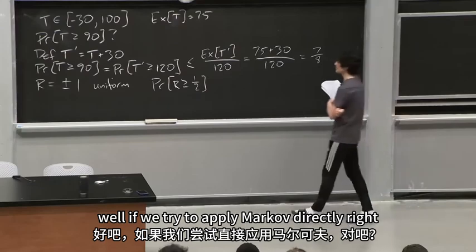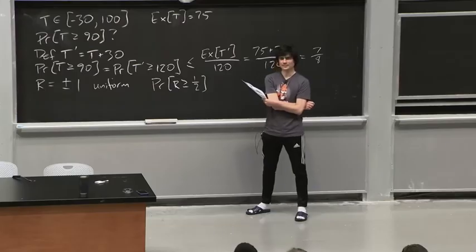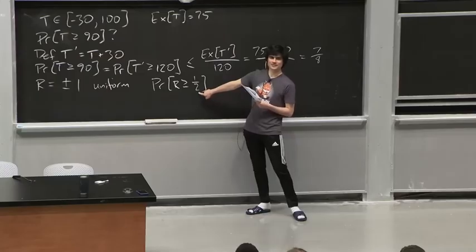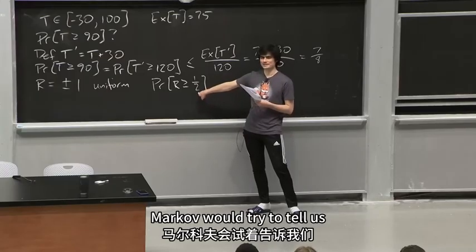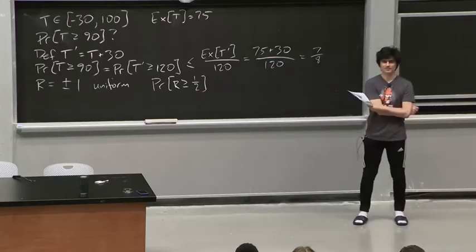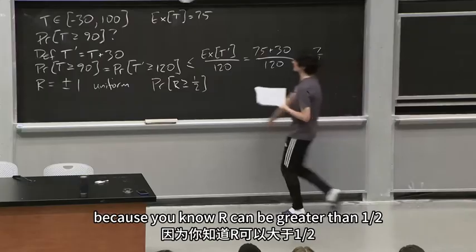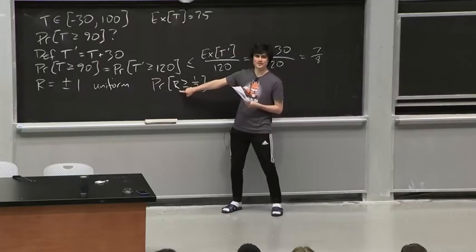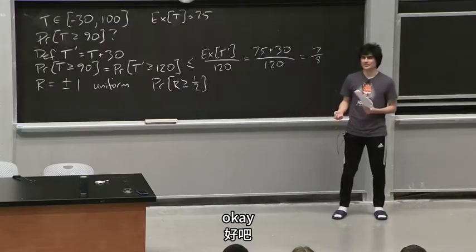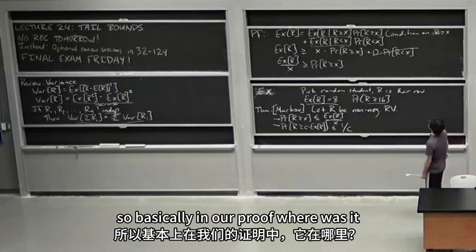Well, if we try to apply Markov directly, the expectation of R is 0. So no matter what we put here, Markov would try to tell us that the probability is at most 0. That is clearly rubbish, because R can be greater than 1/2. R takes value 1 with probability 1/2. So in our proof, where was it?